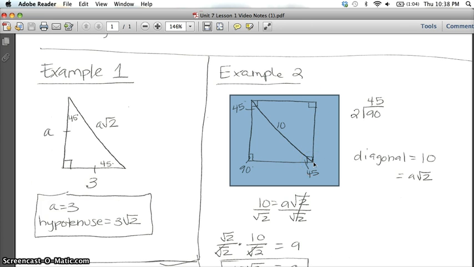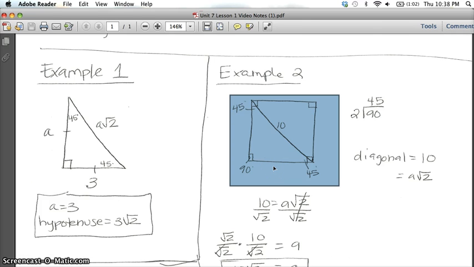Now it says our diagonal is 10. When you draw a diagonal in a square, it bisects the square, so it cuts these two angles in half. I labeled my diagonal 10. Half of 90 is 45 degrees, so I have a 45, 45, 90 triangle. It's an isosceles triangle, and both of the sides are congruent.